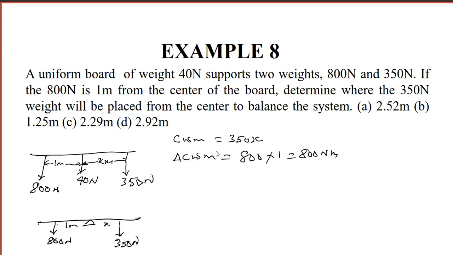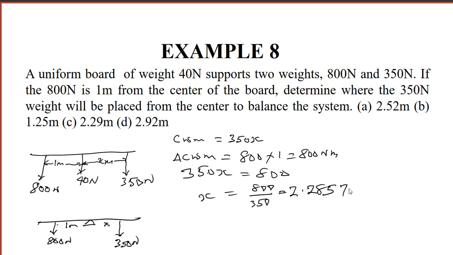But according to the principle of moments, the clockwise moment must be equal to the what? Anti-clockwise moment. That would be 350 s equals 800, where s will be 800 divided by 350. 800 divided by 350 will give us 2.2857 meters.